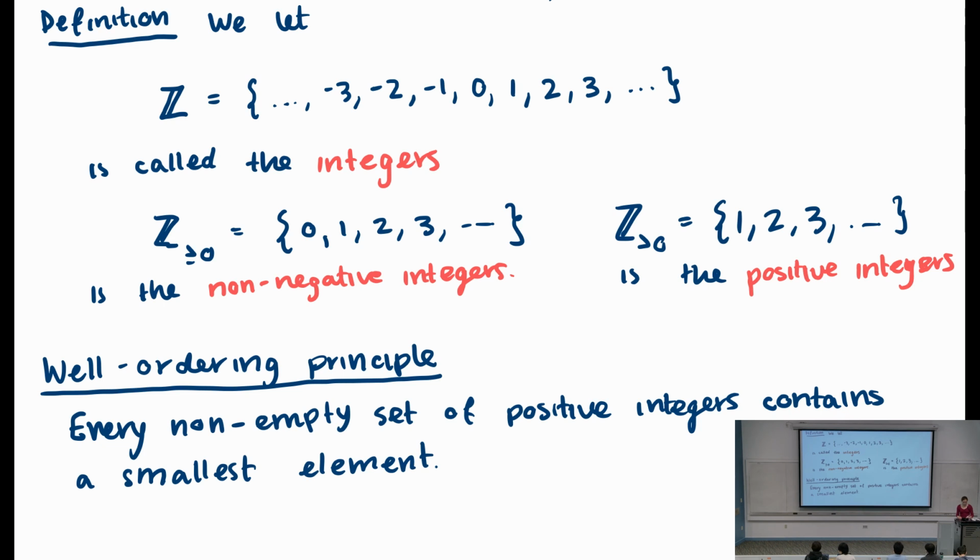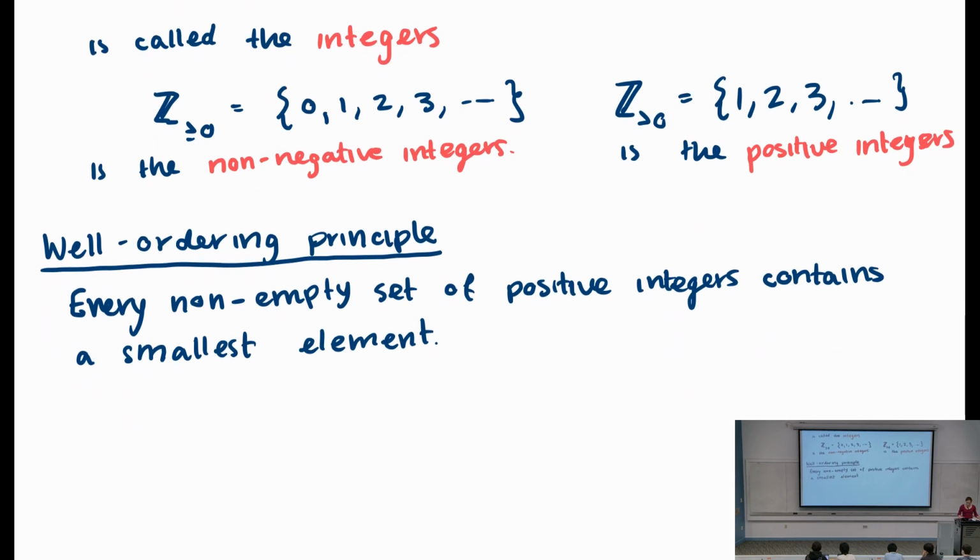Okay, so if I take any subset of the positive integers, then that subset has a least element. And we're going to take this as an axiom for now.